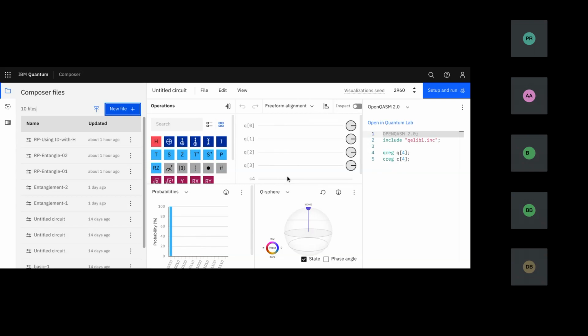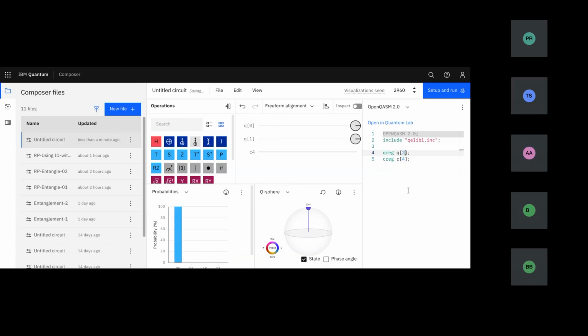Let's assume I don't want so many. Can you see the QASM on the other side? I want only two of these qubits and only two of these bits. So I get Q0, Q1, C1, C2, so there are two qubits and two classical bits.